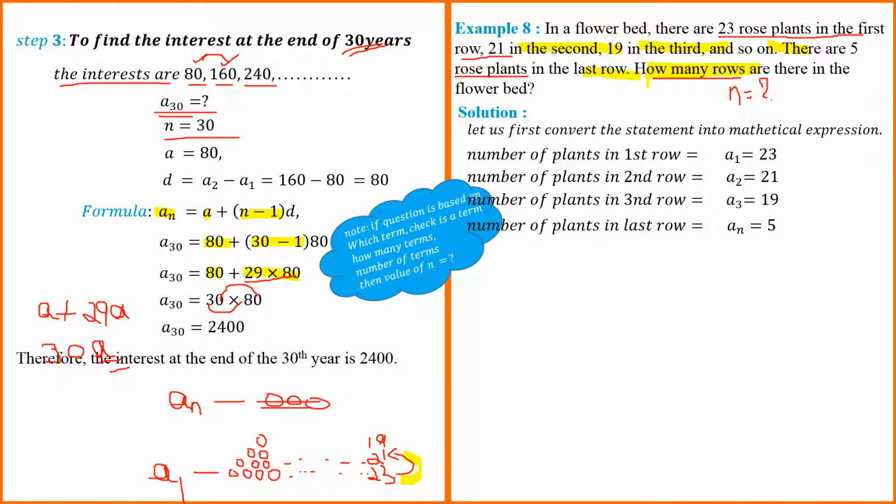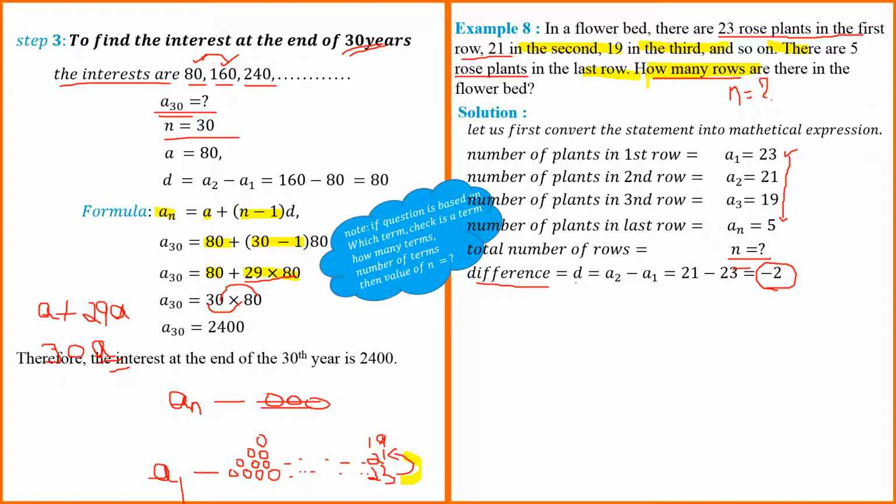The number of terms, n. The total number of rows is to be found, that is n. Then the difference, d, is -2. Why is that? It keeps on reducing. It started with 23, 21, 19, it is getting reduced, so a minus sign is to be given. I hope you understood what is done.